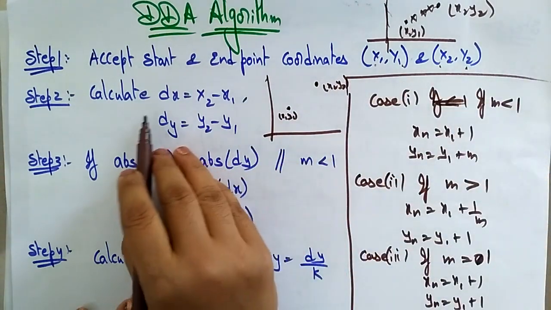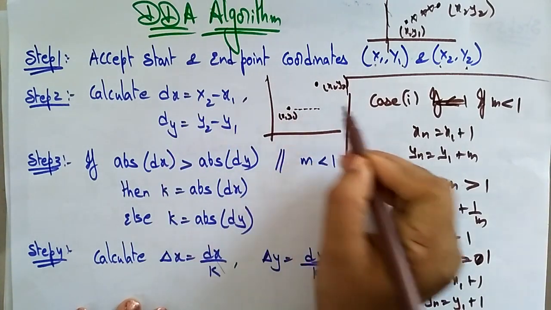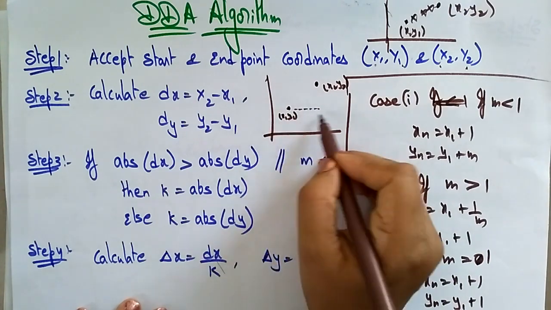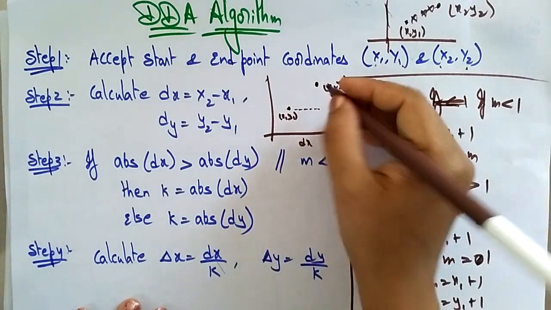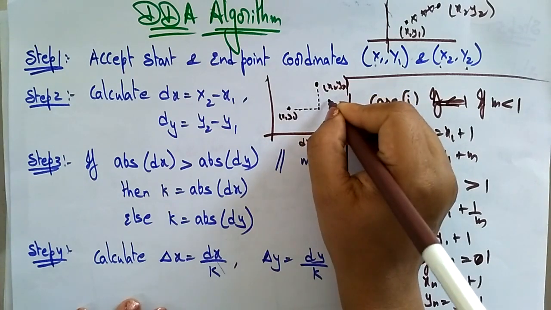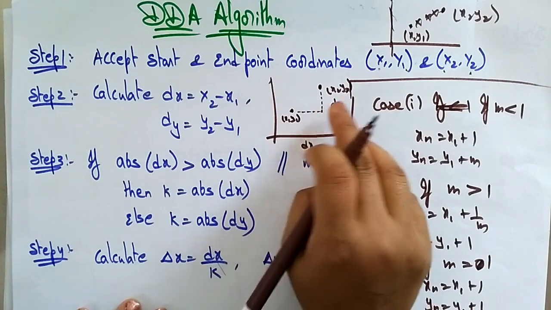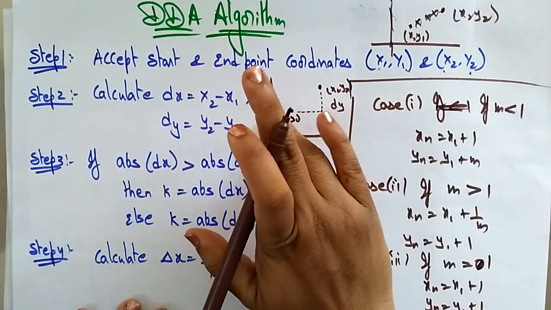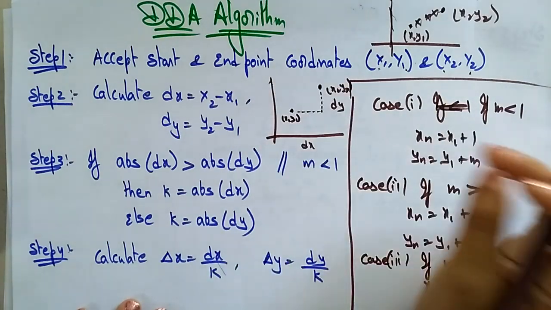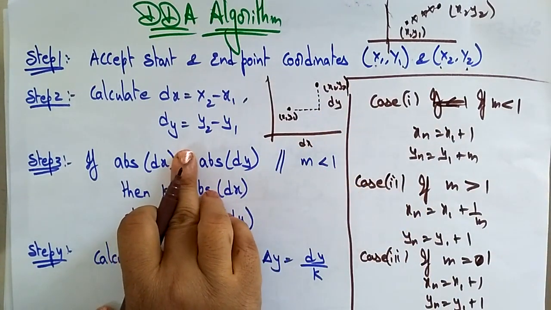You want to find the difference in x, that is dx, and the difference in y, that is dy. So the difference in x and the difference in y have to be calculated.